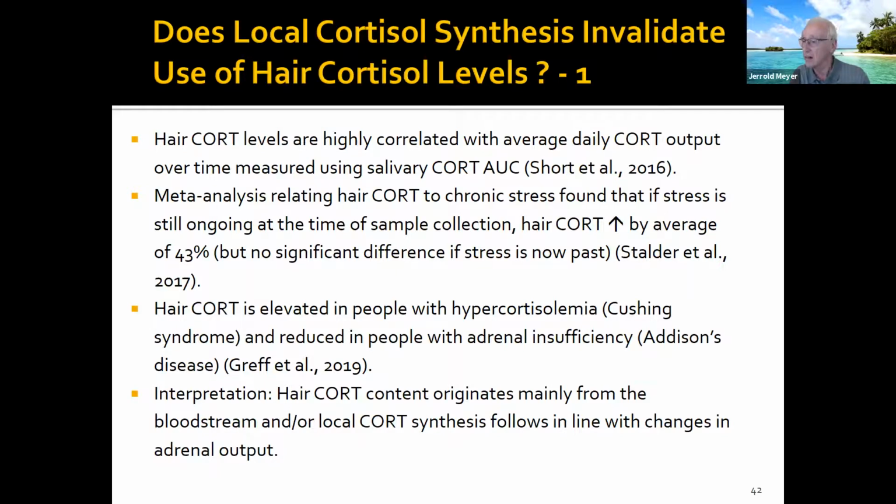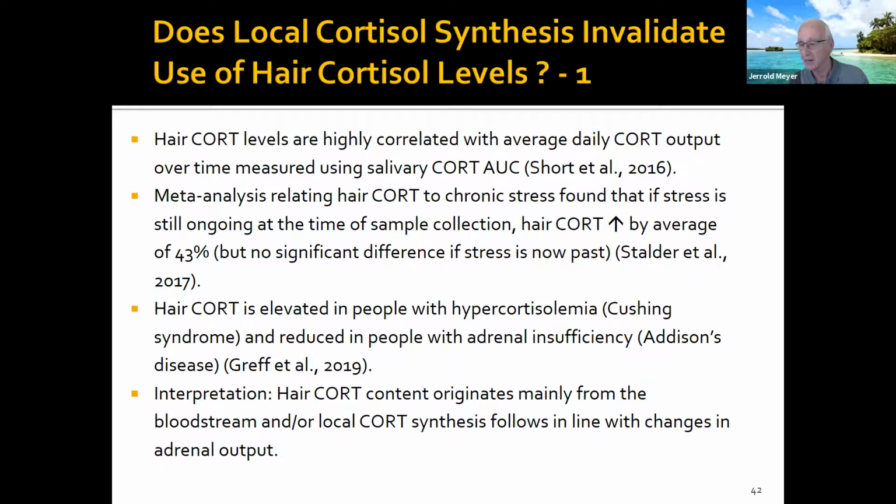If stress is still ongoing at the time of sample collection, in other words, continuing stress, the hair cortisol collected was elevated compared to controls by an average of 43%.